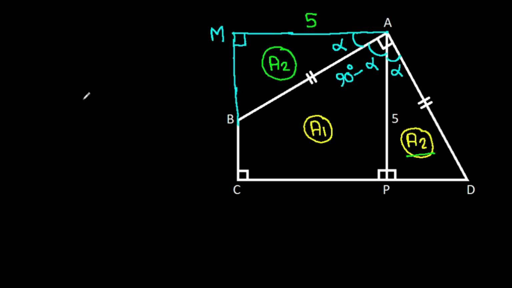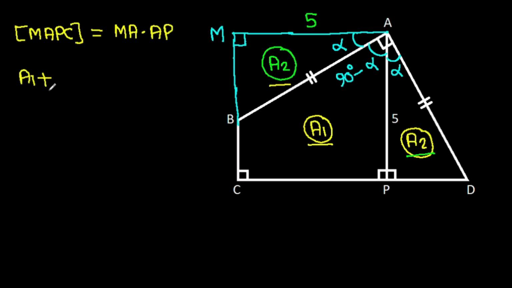and now area of MAPC, it will be MA times AP, and area of MAPC, it is A1 plus A2, it is equal to MA is 5 times AP is 5.